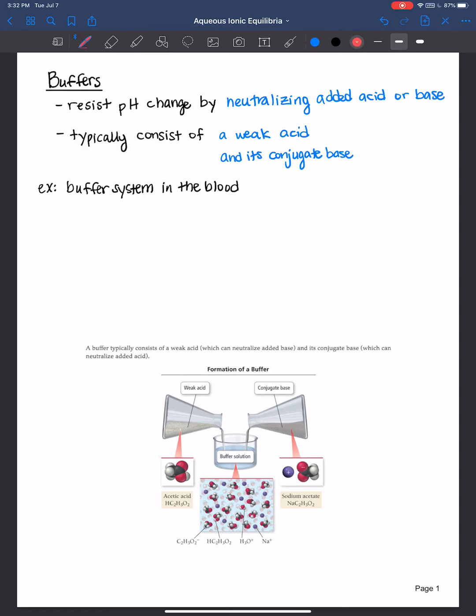Essentially, they are weak acid, weak base conjugate pairs, right? And what the weak acid does, its job is to neutralize added base. And the conjugate base's job is to neutralize added acid.